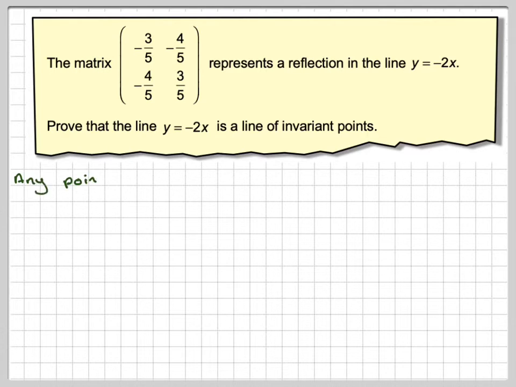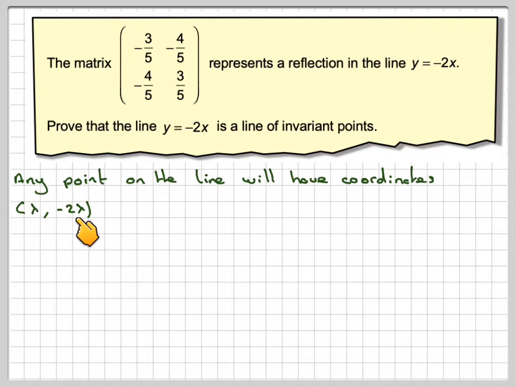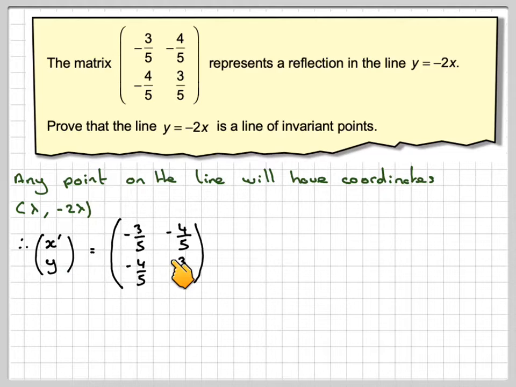Okay, so any point on the line will have coordinates of the form lambda, minus 2 lambda. So if it's x, it's minus 2x, so it's got to be lambda, minus 2 lambda. Then the image x dash, y dash will be the matrix times the coordinates lambda, minus 2 lambda.